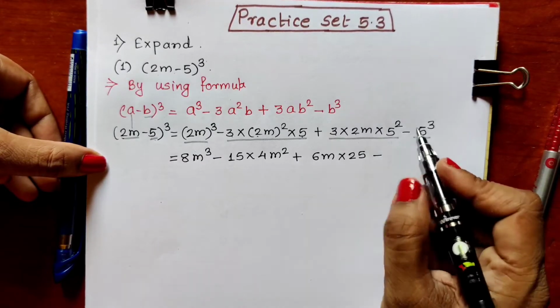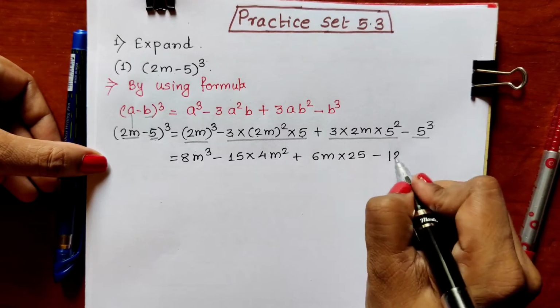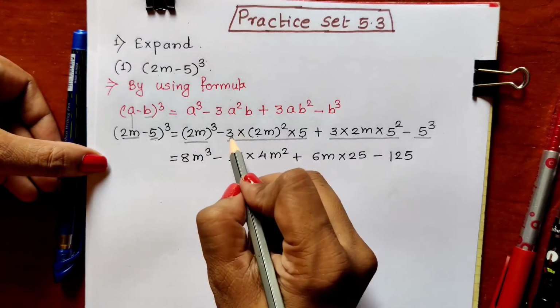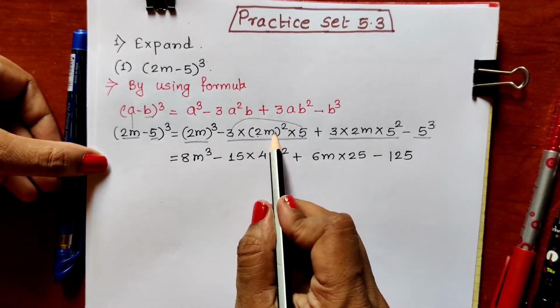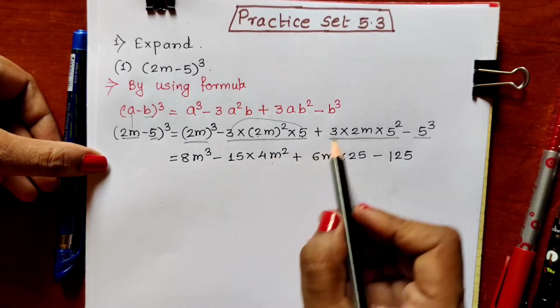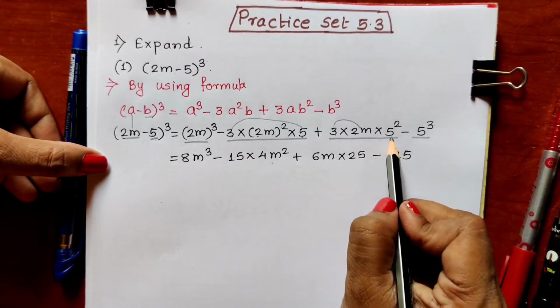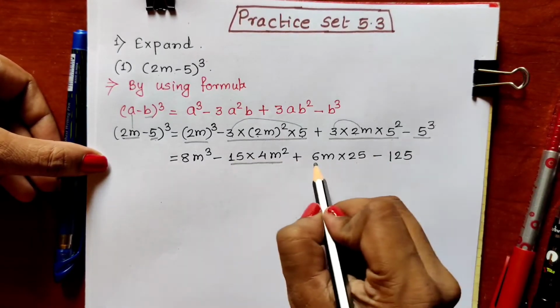Make the solution easy. 5 cube is 125, 5 into 5 into 5 is 125. So here we have multiplied 3 into 5, 15, and then (2m)² is 4m². Then here we have multiplied 3 into 2m, 6m, into 5² which is 25. Now here again multiplication we can see.